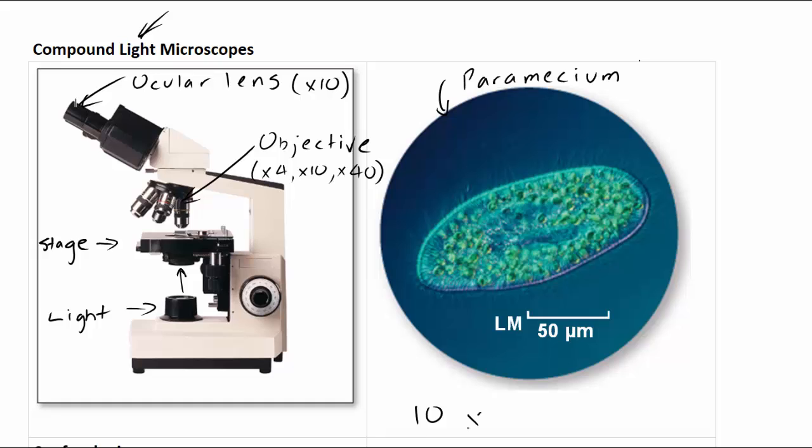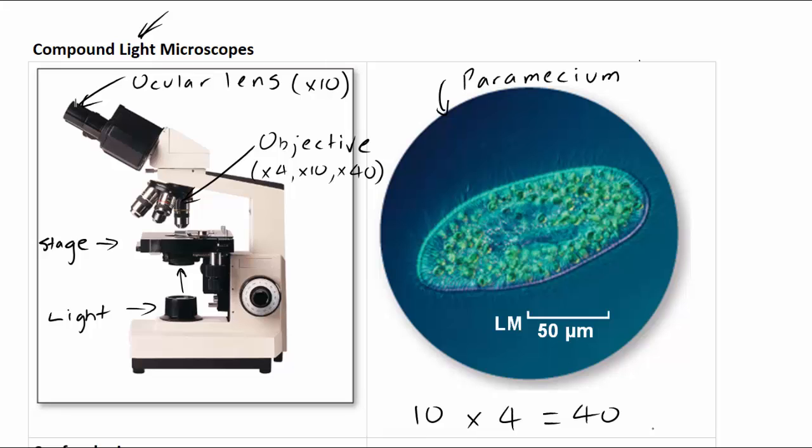And you end up with magnifications of times 40, times 100, and times 400. So you're able to see images 400 times larger than they are in real life. Now, if you use an oil immersion lens, you can magnify up to 1,000 times for viewing things such as bacteria.